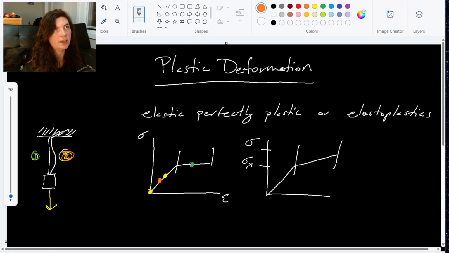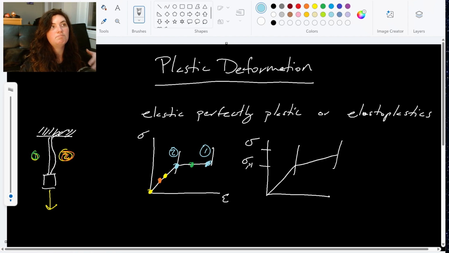If I keep pulling and keep pulling, I can max out one of my guys in the elastic region and then still have a guy in the plastic region because I've given myself this extra room with this elastoplastic material, where that would be my number 2 string and this would be my number 1 string who's now going under plastic deformation, while number 2 is maxing out his elastic deformation.